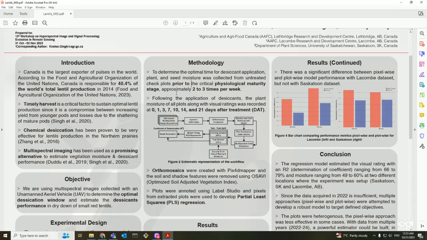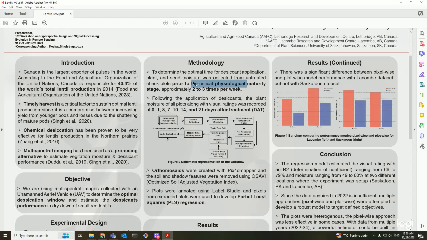How we collected the UAV images is based on the physiological maturity. At least 2 or 3 weeks before the physiological maturity stage, we collect data 2 to 3 times per week. At this point, we are only concerned about the moisture content of the plant.